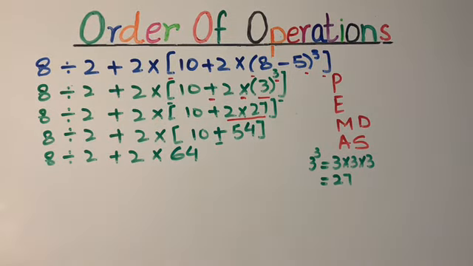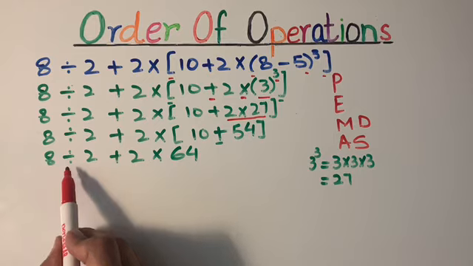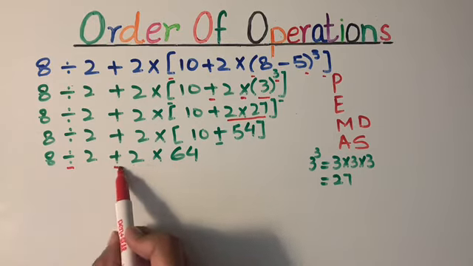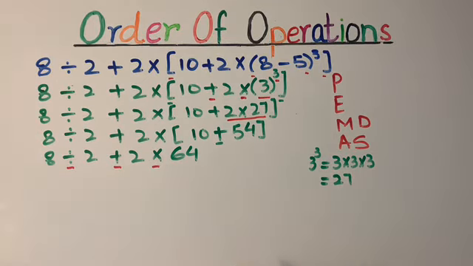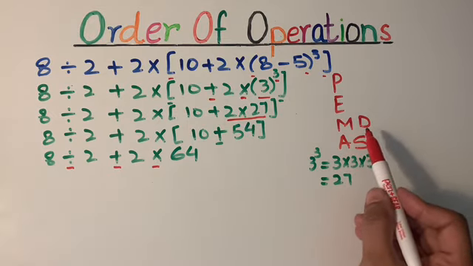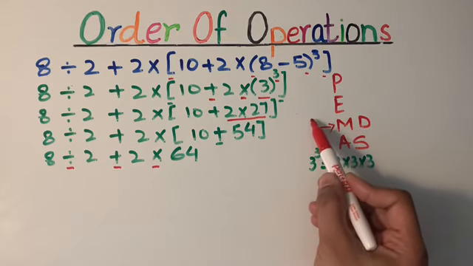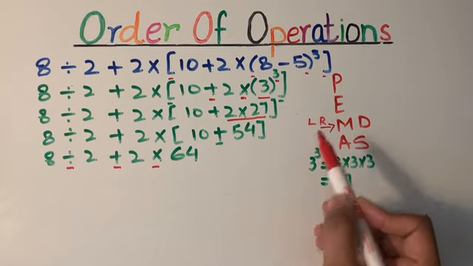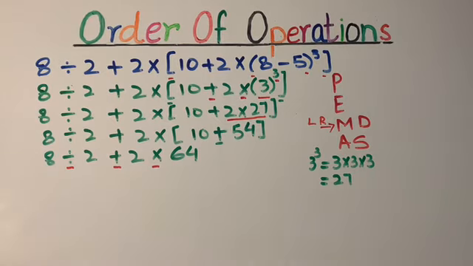Now we have three operations: division, addition, and multiplication. PEMDAS says that multiplication and division have the same level, so we'll solve them from left to right. Then we'll solve addition.